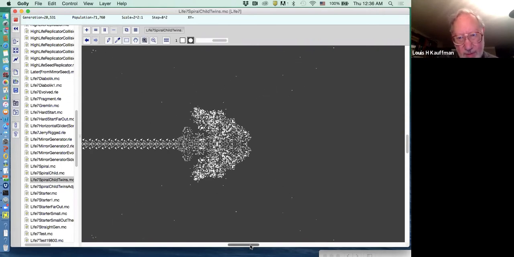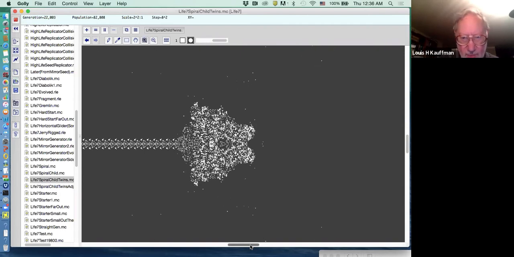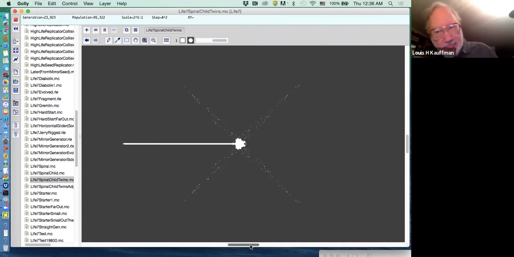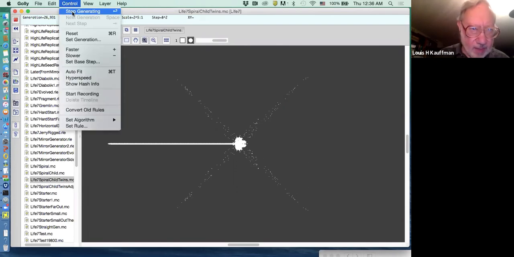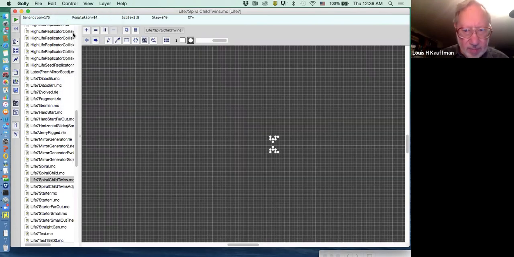So you see from practically nothing, we begin to get one of those universes that is producing lots of gliders, and it's also producing this strong extending part, growing nicely. And now I want to do an experiment, but I think I will go back to a more or less clean board.